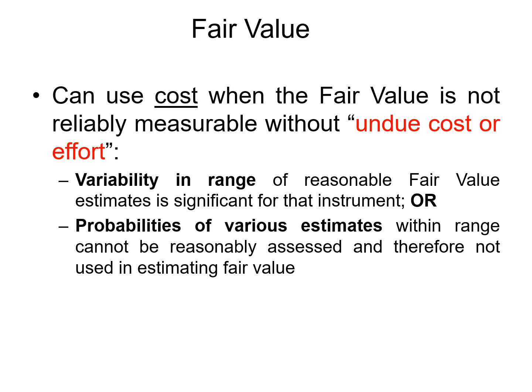And in this case, undue cost or effort will take into consideration things like there may be variability in the range within which reasonable fair value estimates may sit, or you might find that there's probabilities of various estimates as to what fair value might be. So therefore, in trying to assess what fair value is, we've got such a wide ballpark that it's next to impossible to pin down a number that is reasonable.